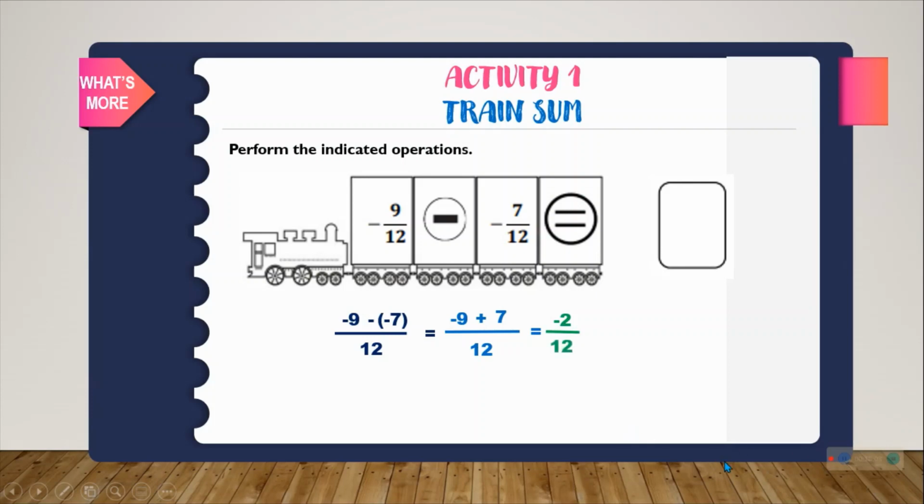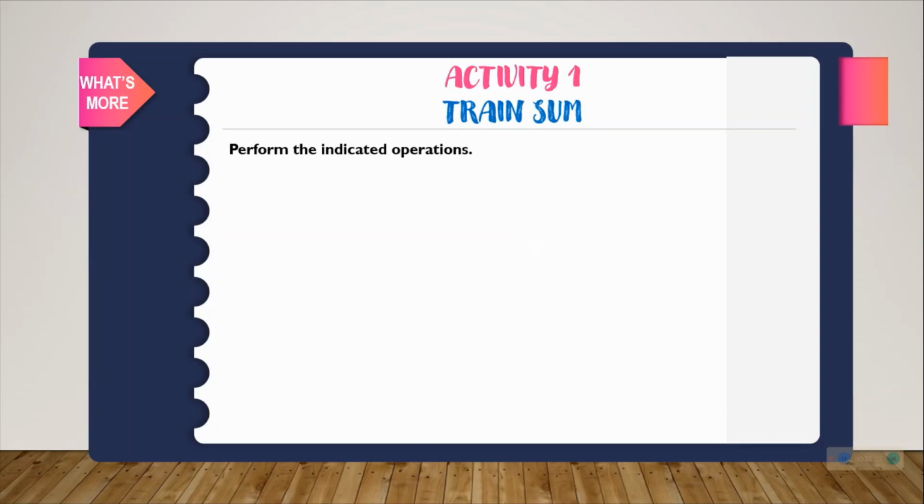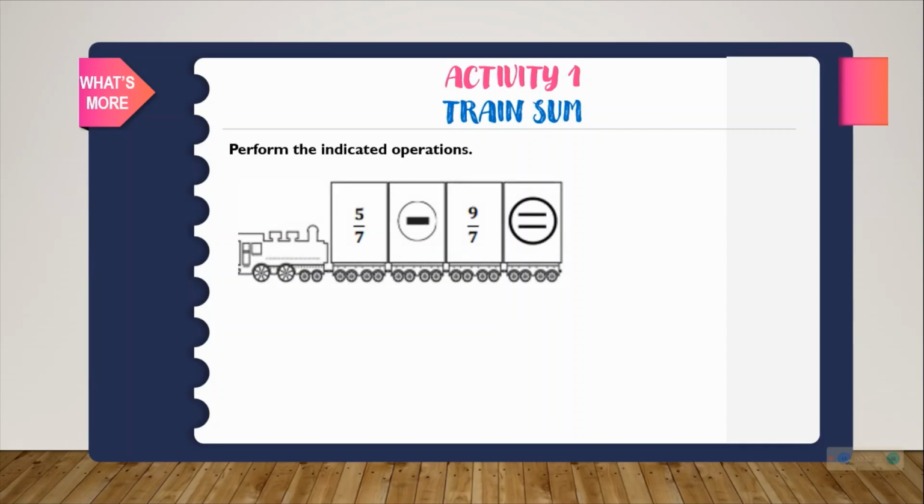And then, get the lowest term. So, divide natin by 2. So, negative 2 divided by 2 is negative 1, over 12 divided by 2 is 6. So, the final answer is negative 1 over 6. Next, 5 over 7 minus 9 over 7. So, we will subtract the numerator, 5 minus 9, then copy the denominator.